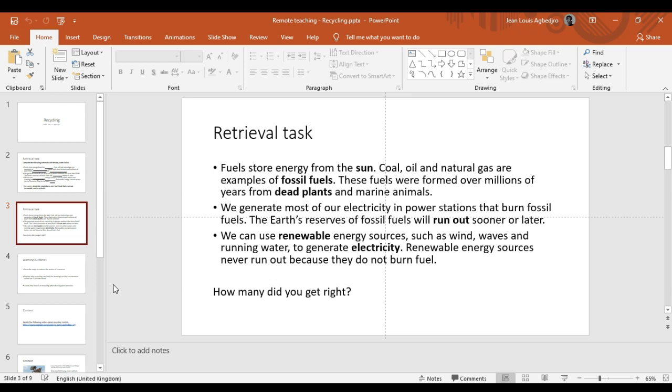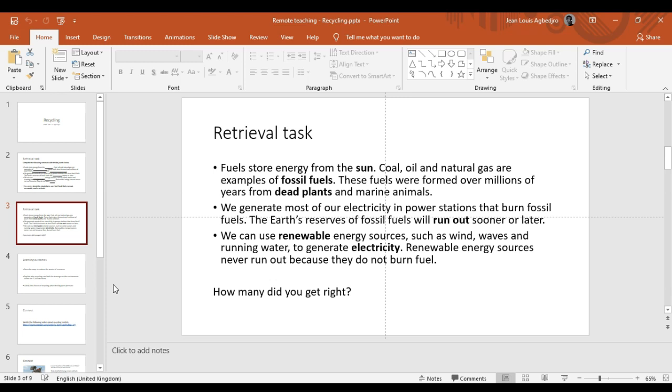But the good news is that we can use renewable energy sources such as wind, waves, and running water to generate electricity. Renewable energy sources never run out because they do not burn fuel. So another type of renewable energy source is the sun, for example.